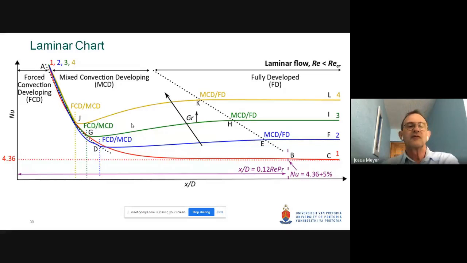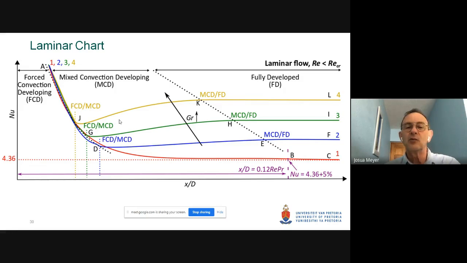But with the result of this work, we typically, so this green line is the green line that I showed you previously. If you would go and increase the heat flux, then the line would typically follow this yellowish line. So it shows that the result is a function of the Grashof number. So this is very low Grashof numbers in red, up to the yellow value, which is the highest Grashof number.